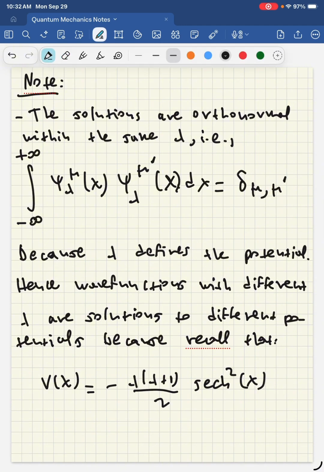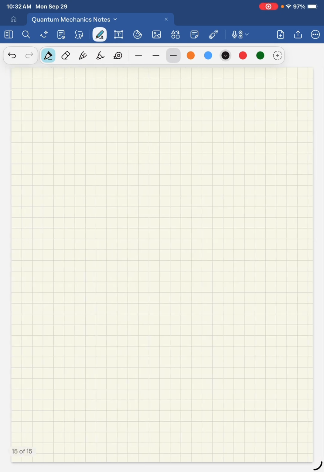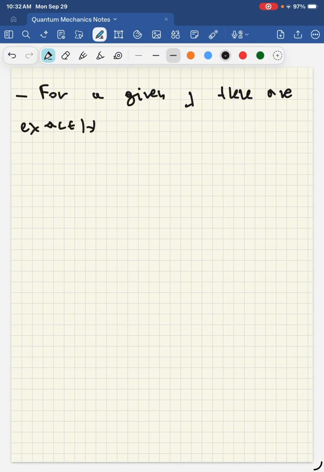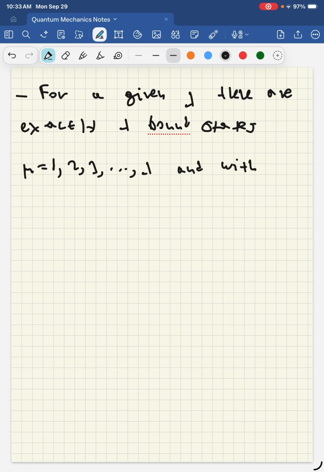So the wave functions are orthonormal within the same lambda only. That's it. This is something we discussed already, but I'm going to write it again. So for a given lambda, there are exactly lambda bound states, which are mu equal to 1, 2, 3, up to lambda, and with energy equal to minus mu squared over 2.